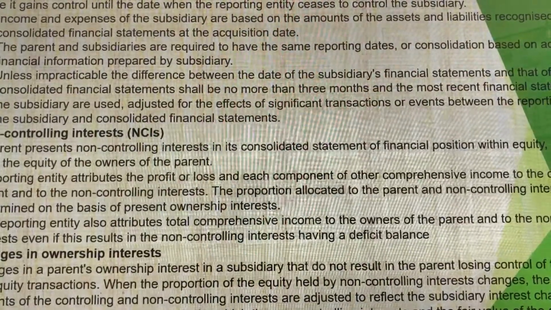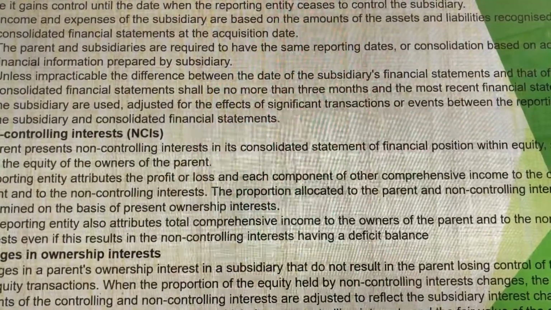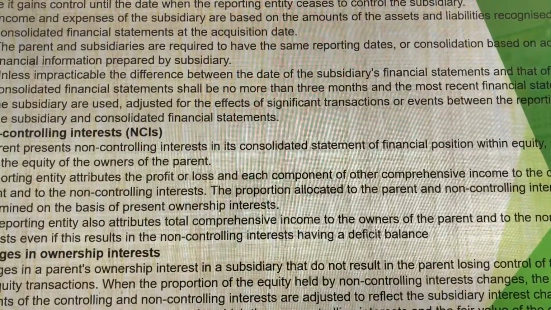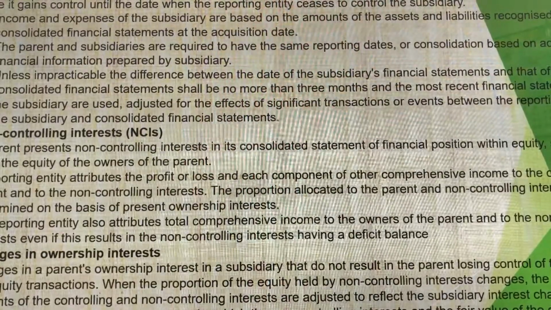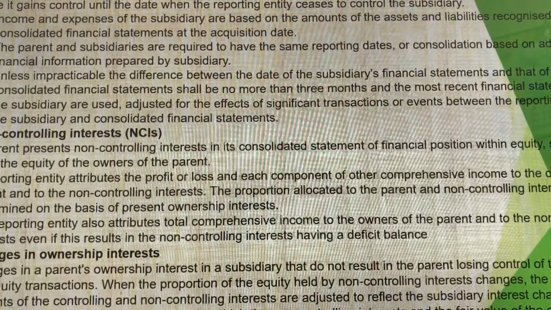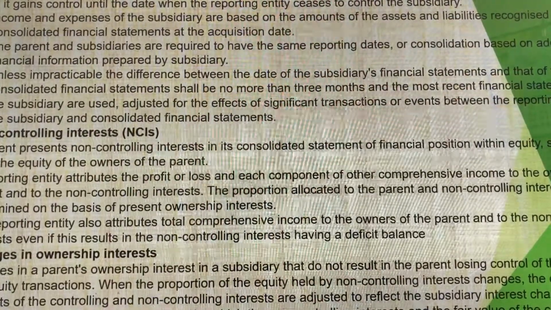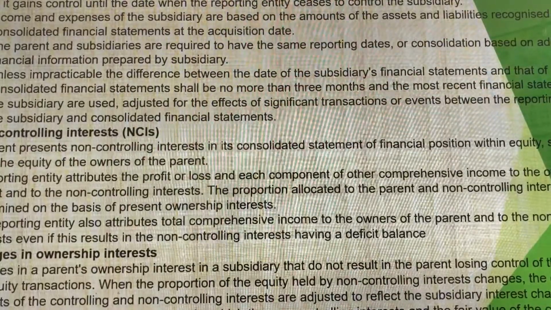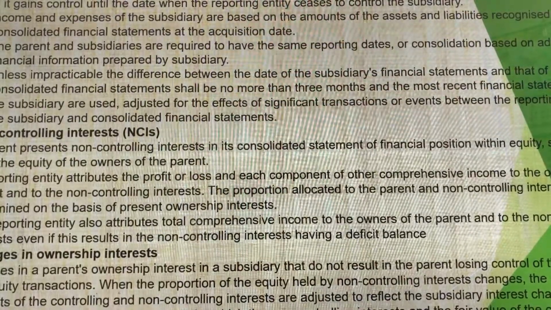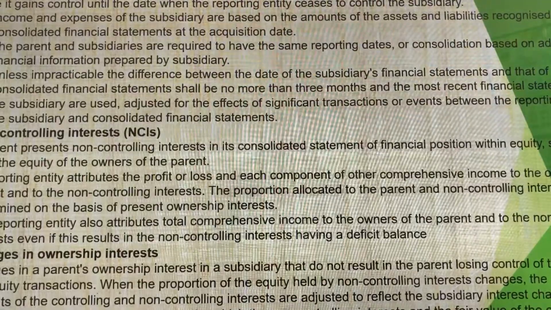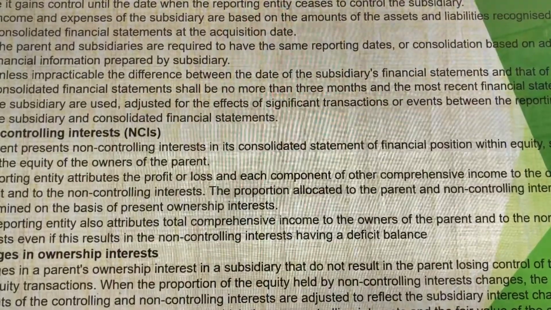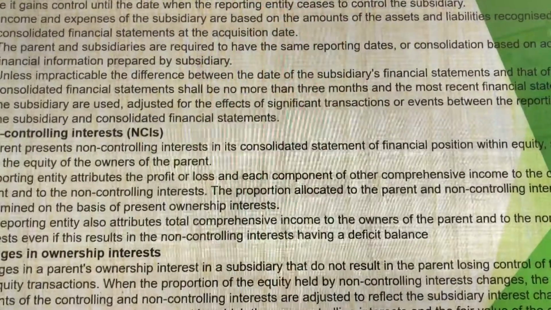Changes in ownership interest in a subsidiary that do not result in the parent losing control of the subsidiary are equity transactions. However, the proportion of the equity held by non-controlling interest changes and the carrying amounts of the controlling and non-controlling interest are adjusted.